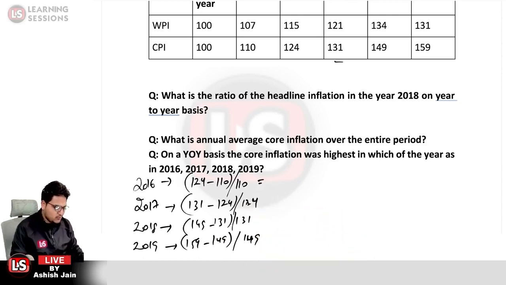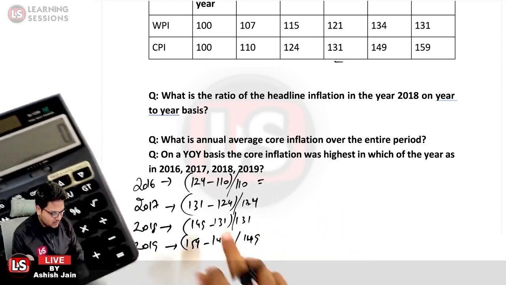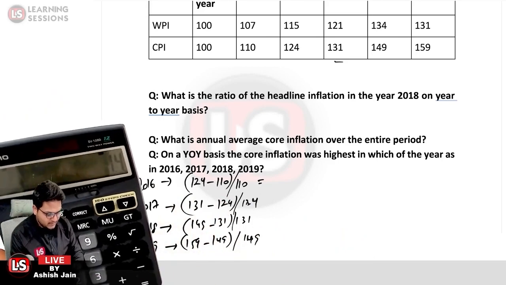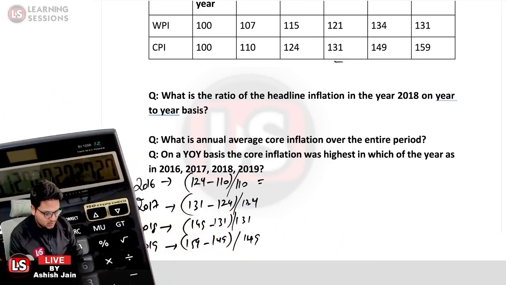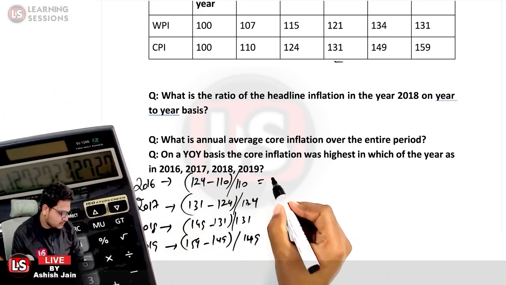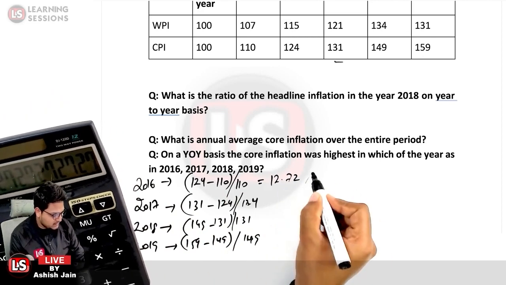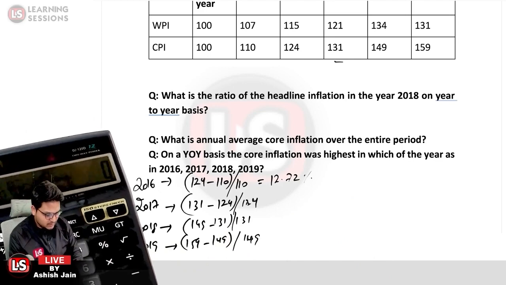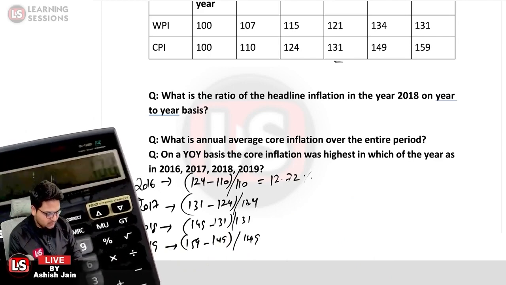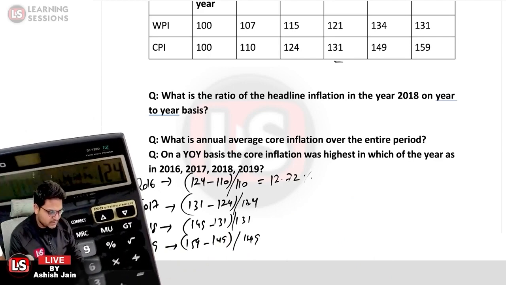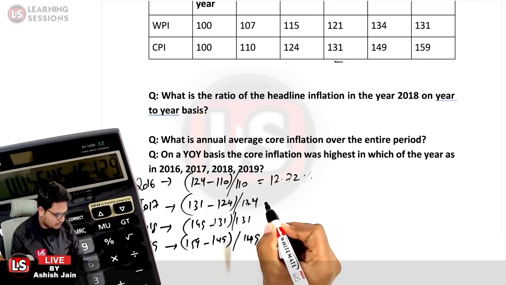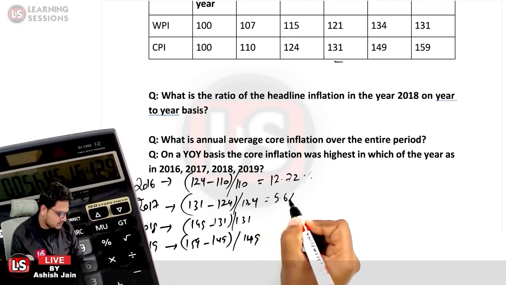That will be 14 divided by 110, which is equal to 12.72%. In the second case, 131 minus 124 divided by 124 is equal to 5.6%.